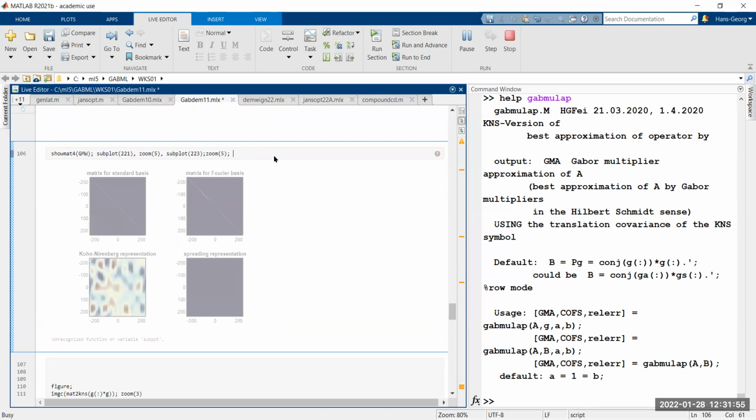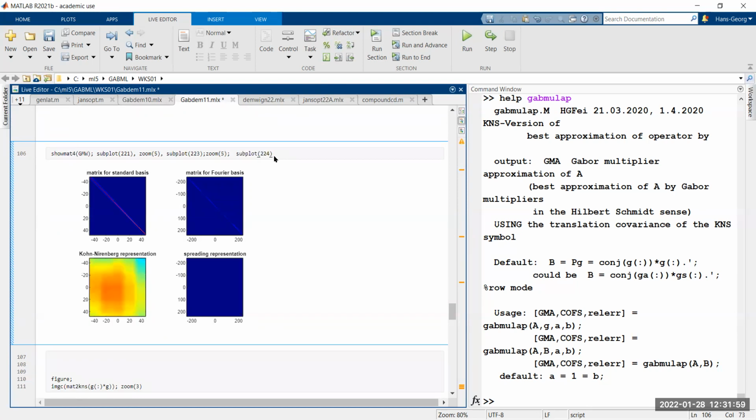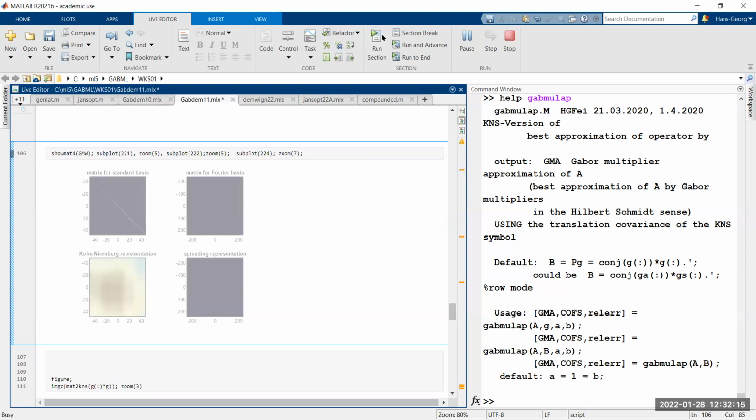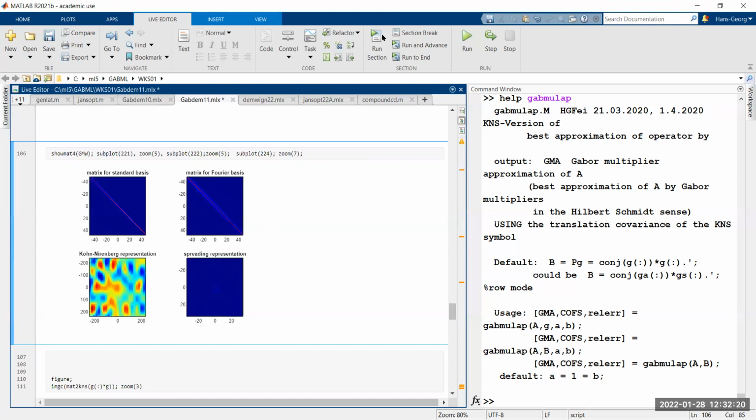Maybe I should also do subplot 2 to 4. That was of course wrong. It should be 2 to 2. And this should be 4. I do even stronger zoom here. So maybe now hopefully we can see more. So a Gabor multiplier is not a diagonal matrix, but very close to a diagonal.